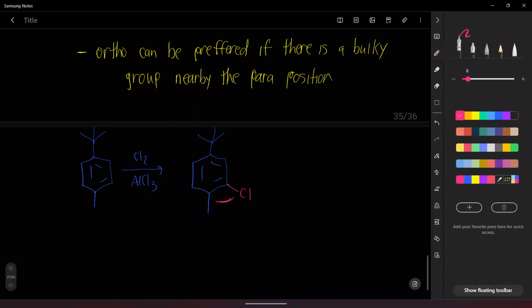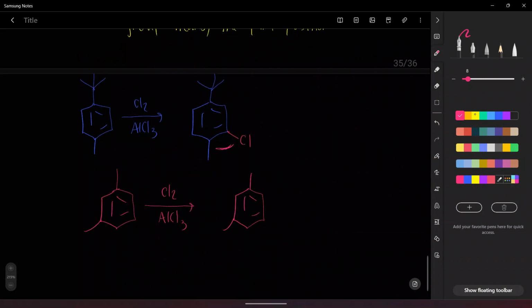Another way that this sometimes comes up is, when you're doing this, just always try to think about sterics. So let's say you have a group here and a group here, and you were doing Cl2, AlCl3.